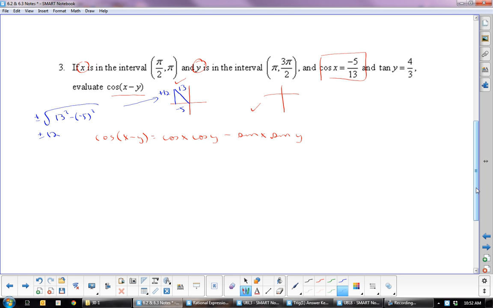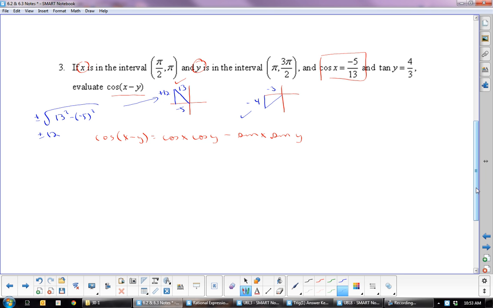Okay, so tan is 4 over 3, so that is y over x. Now right away when you put it in that quadrant, you should realize that those are not supposed to be positives. They would both be negatives, which gives you a positive 4/3 when you divide them because the negatives cancel. But when you put them in there, make sure you're careful.